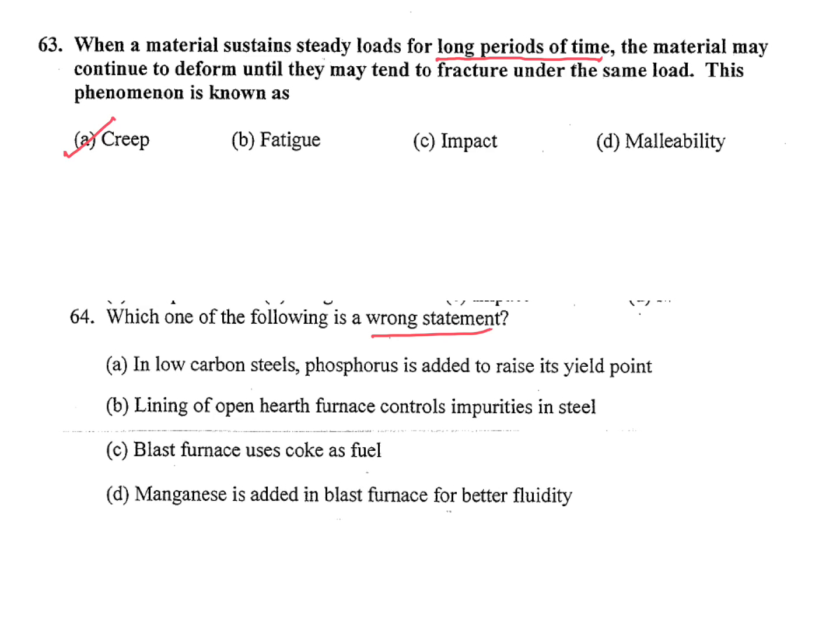This is correct. This one also correct. Lining of open hearth furnace controls impurities in steel. This one also correct. In low carbon steels, phosphorus is added. Yeah, this is false. So wrong statement. Answer is A.